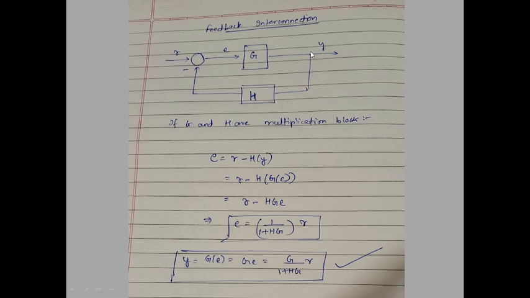Now to get y, we use the relation that y is g acting upon E, and g being a multiplication block gives gE. So y is g by 1 plus hg times r. Hence we get the output in terms of the input and the multiplication blocks, which are in feedback interconnection.